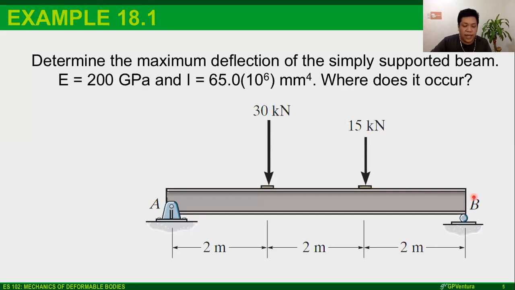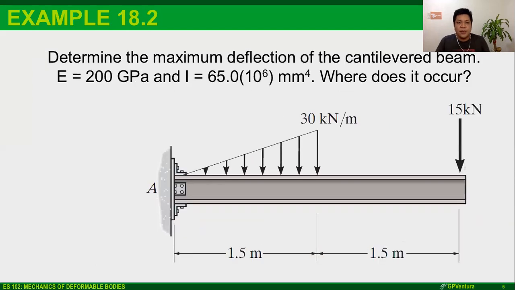So that is example 18.1. Now, how about example 18.2? Let's look at the next example. Determine the maximum deflection of the cantilevered beam given a modulus of elasticity of 200 gigapascals and a moment of inertia of 65 times 10 raised to 6 millimeters to the fourth.